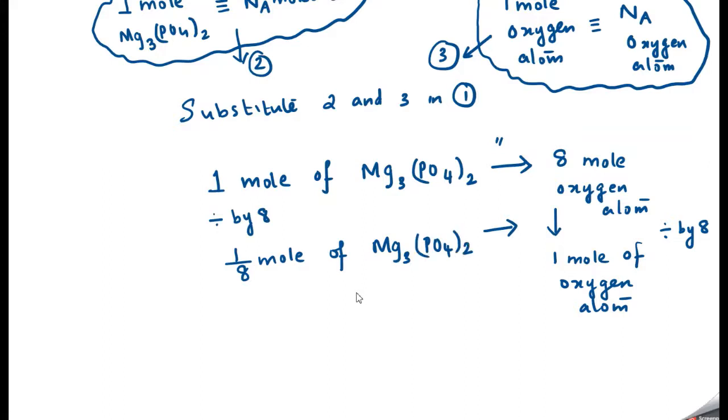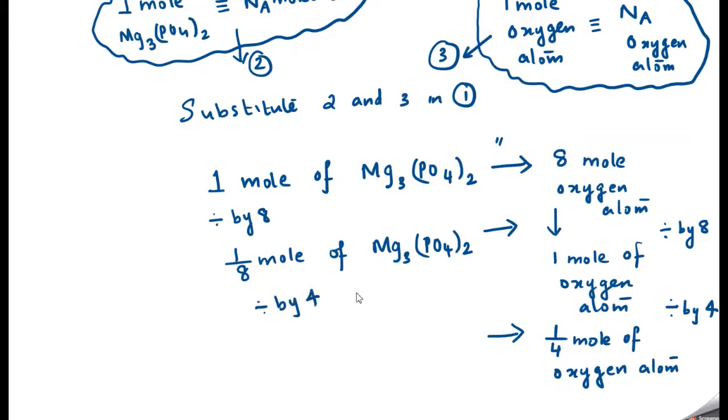Now we know that 1 mole of oxygen atom is present in 1 by 8 mole of magnesium phosphate. But the question is 0.25 mole of oxygen atom. So how to convert 1 to 0.25? We know that 0.25 is 1 by 4. So divide by 4 on both sides. This will become 1 by 4 mole of oxygen atom. Do the same thing here, divide by 4.